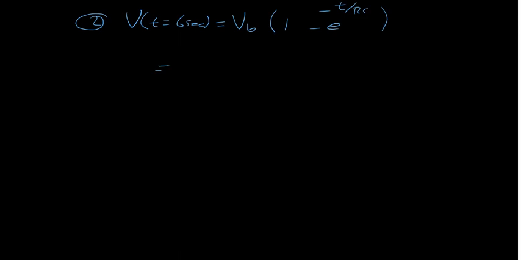The voltage across the capacitor at 6 seconds will be the battery voltage times 1 minus exponential of minus t over RC. The battery voltage is 12, so 1 minus exponential of minus 6 over 4.7.